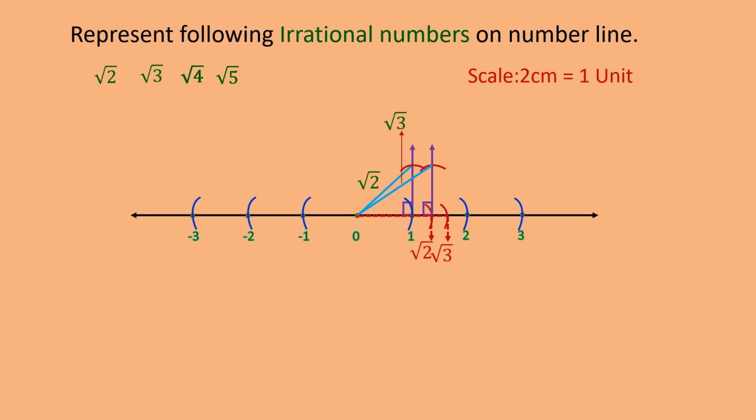In the same way we will do it at root 3. Again a vertical perpendicular line and an arc, and we will get a new hypotenuse, which will be root 4. Now we will take that root 4 in our rounder as a radius and cut an arc. It will pass through 2.